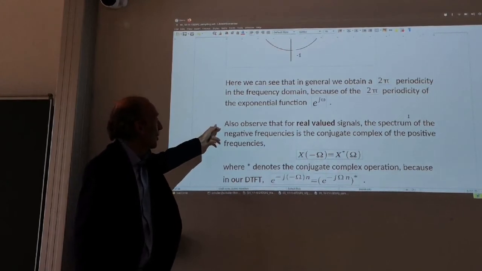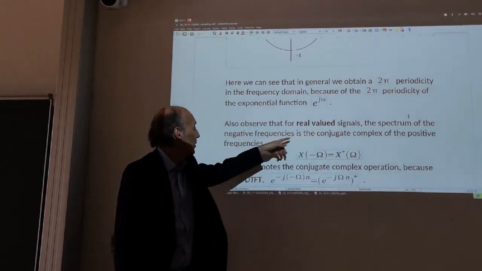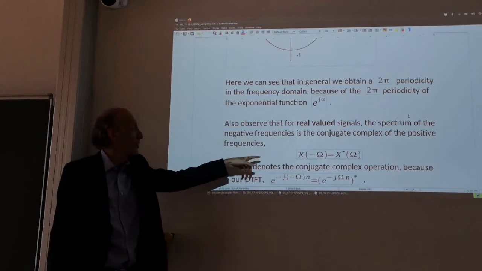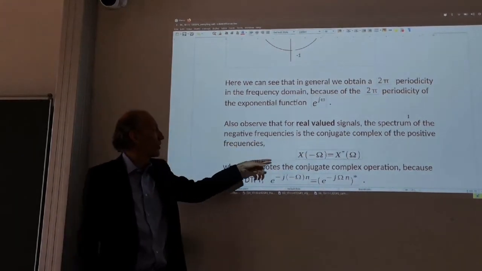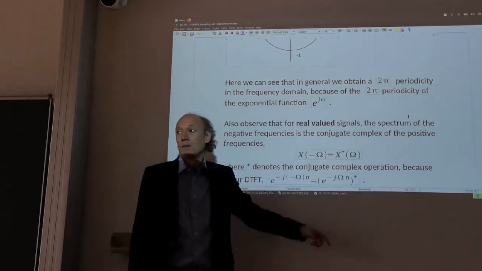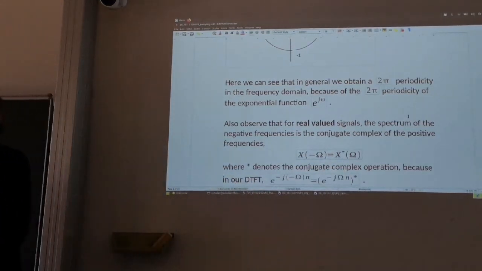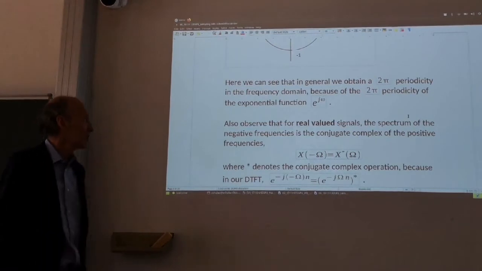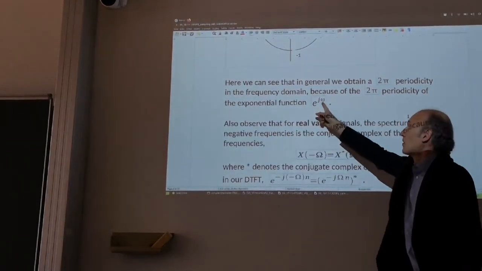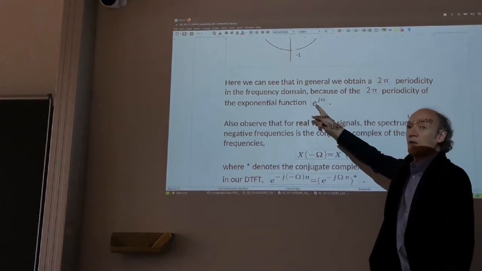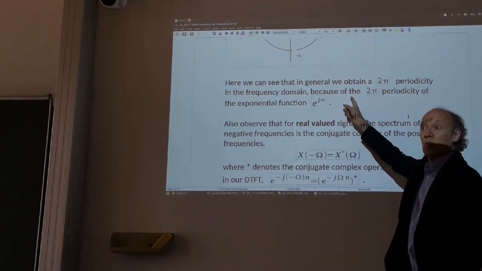Also, for real-valued signals, the spectrum of the negative frequencies, here for minus omega, is the conjugate complex of the positive frequencies. And this is again a property of e to the j omega. If you plug in minus omega here, then you have e to the minus j omega, and that's the conjugate complex of e to the j omega.